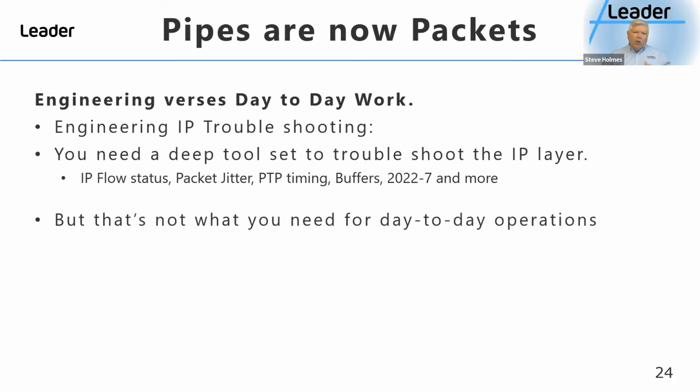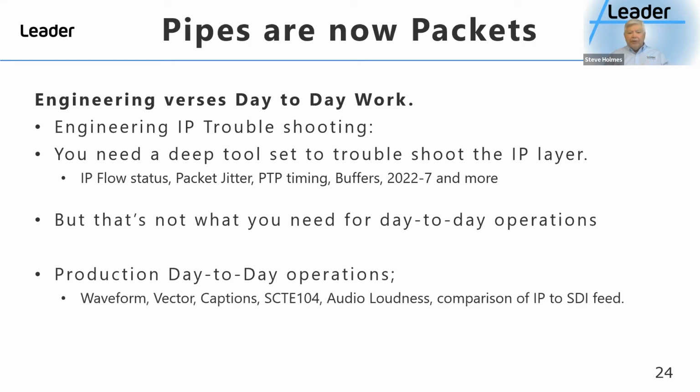But that's not what we need for everyday operations. We need to keep everyday operations looking pretty much like they do today. The operator still needs to see a waveform. He still needs to be able to see a vector scope. He needs to be able to see captions traversing the system.